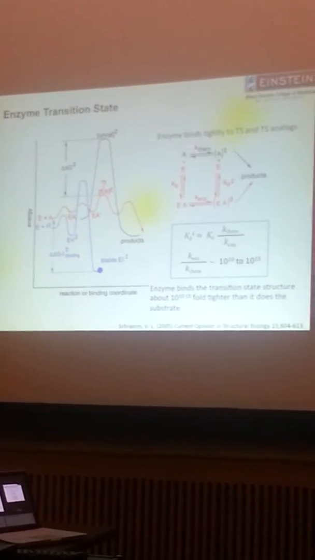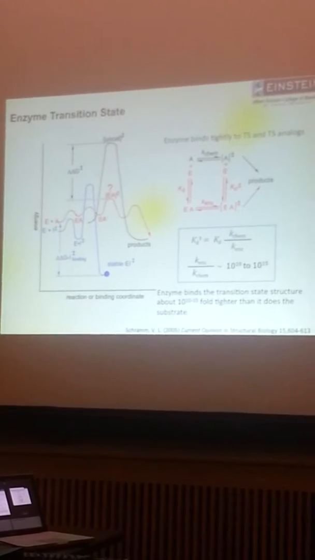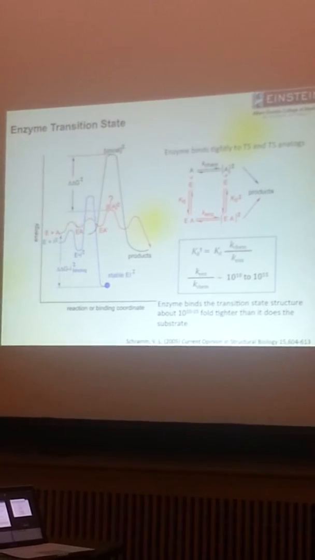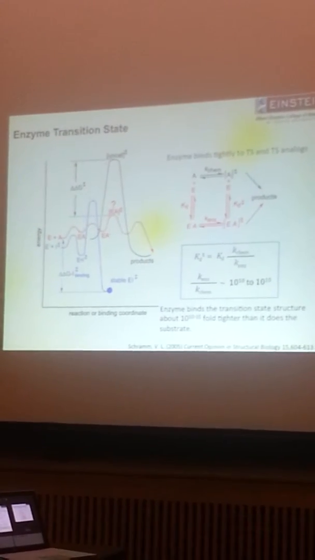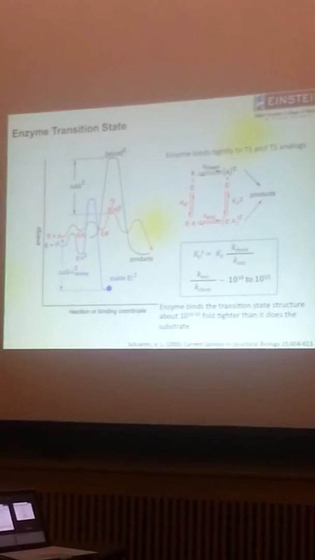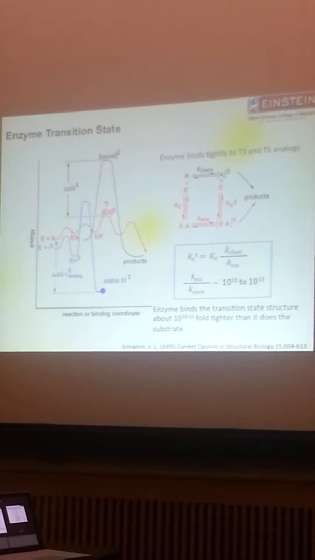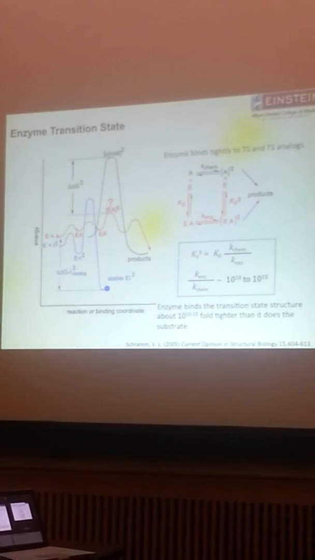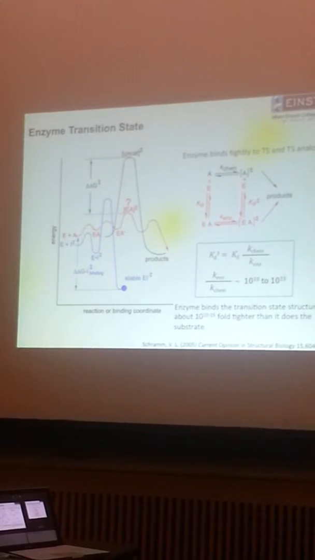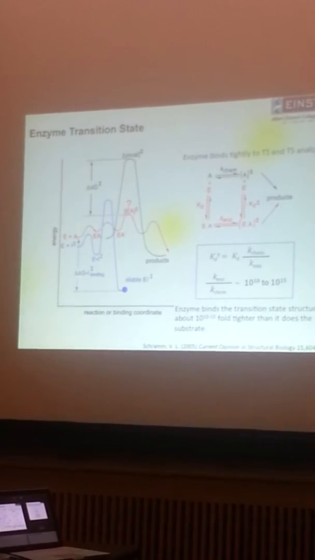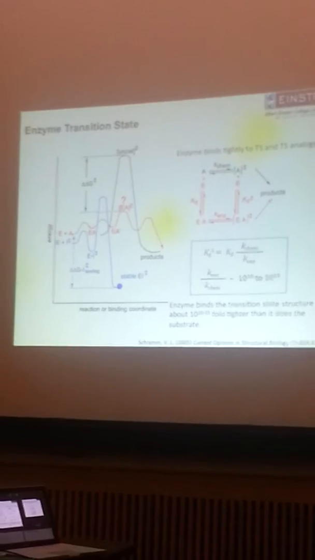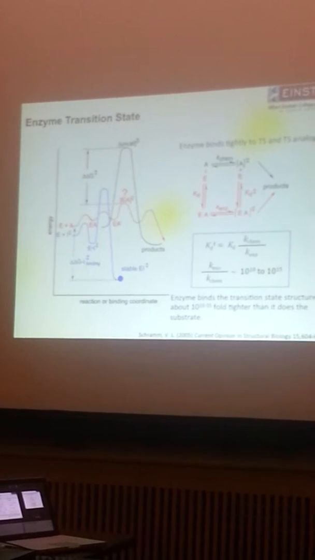So in an enzymatic reaction, the enzyme increases the reaction rate by lowering the activation energy. The diagram on the right shows the enzymatic and non-enzymatic reactions from substrate to product. Kinetically, the dissociation constant for the transition state can be calculated from the dissociation constant for the substrate and the ratio of the two reaction rates. Usually, the enzyme can increase the rate by 10 to the 15 fold.